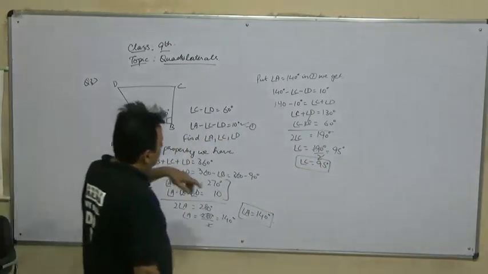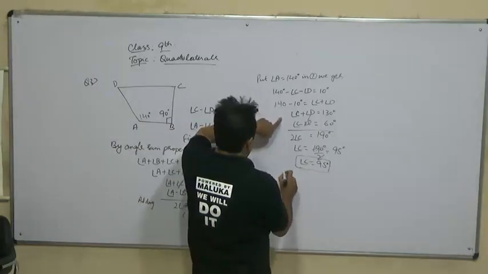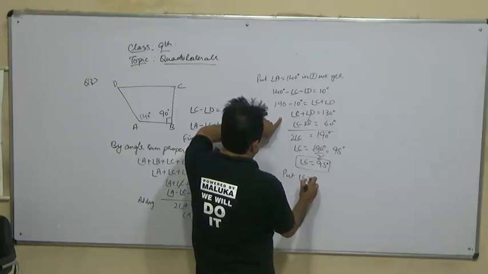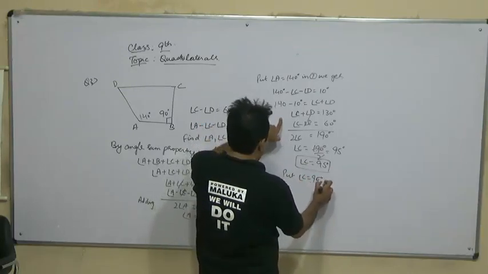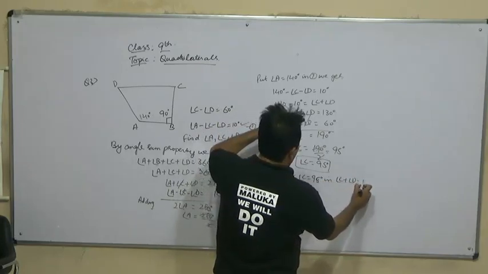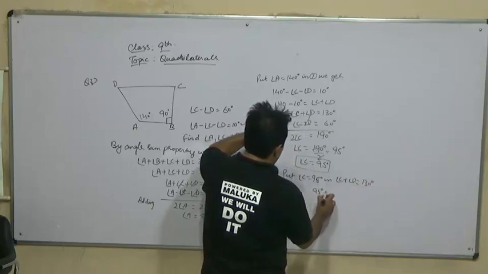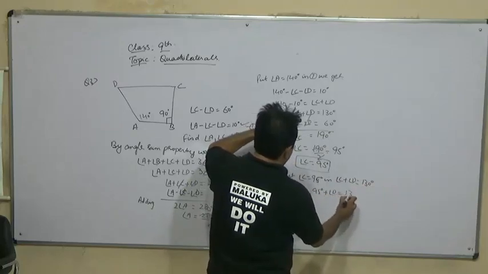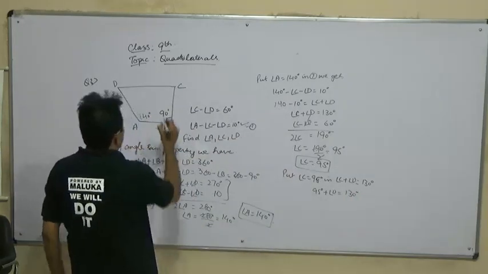So for this, put the value of angle C in this. Put C is equal to 95 degree in C plus D is equal to 130 degree. So this will be 95 degree plus angle D is 130 degree.